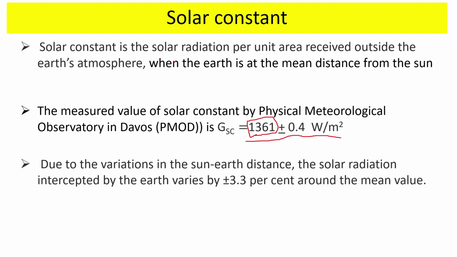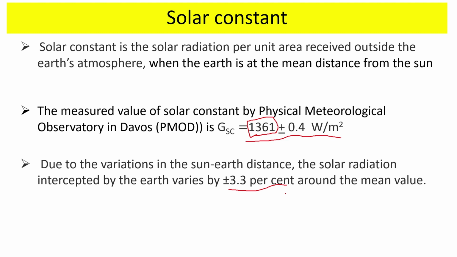Now as the sun earth distance varies, the value of solar constant varies by plus minus 3.3%. So for any exact day where we have to find the value of solar constant, because the earth is moving on an elliptical orbit, its value is changing from the minimum value at perihelion to maximum value at aphelion.